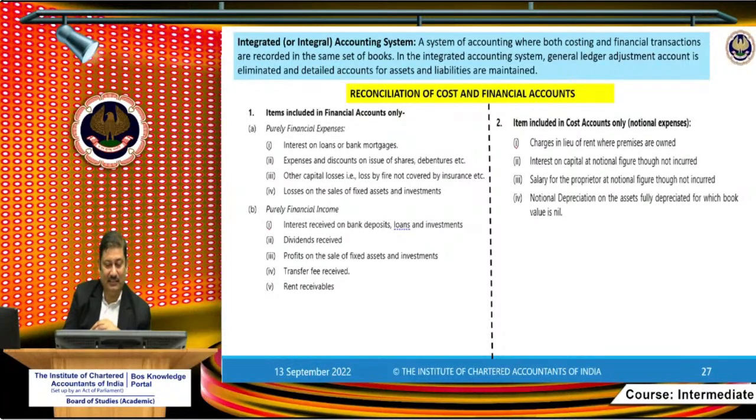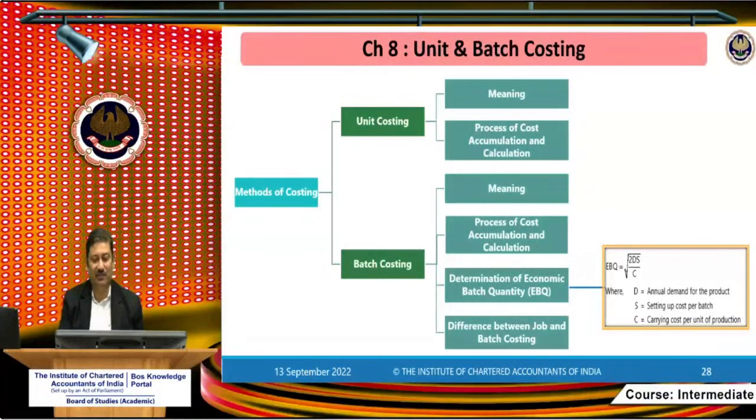Similarly, there are certain items in cost accounting like charges in lieu of rent, interest on capital, salary of the proprietor, which is basically notional expenditure. So when you are going from costing to financial accounting profit, you need to make the adjustment, and from financial accounting profit to cost accounting profit, again you need to make the adjustment. So these kinds of questions are very important.